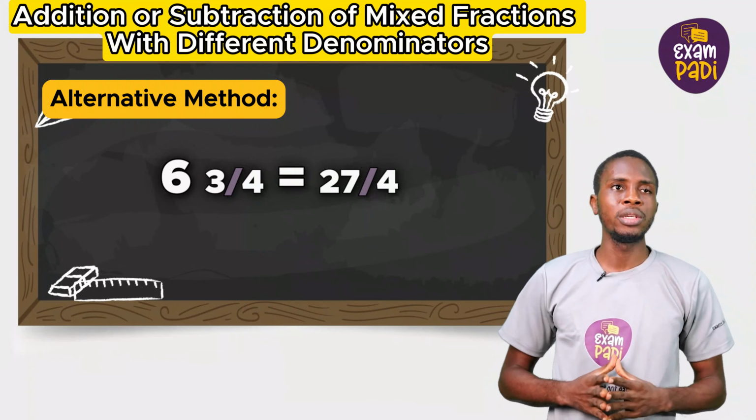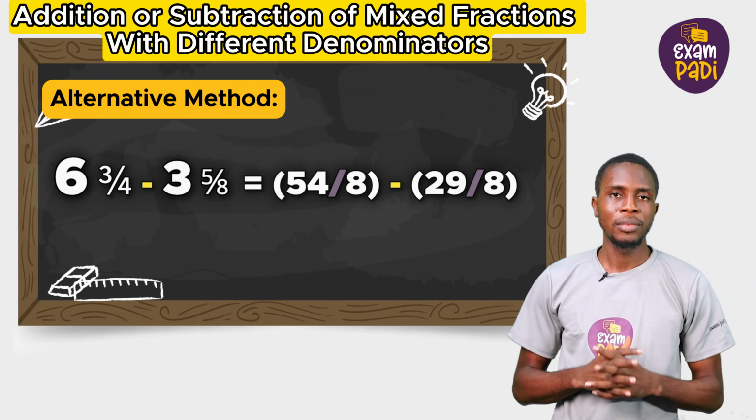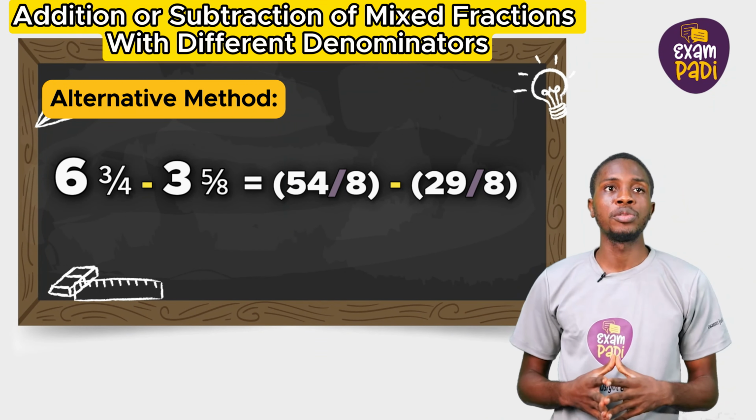Suppose 6 whole number 3 over 4 minus 3 whole number 5 over 8. This equals 54 over 8 minus 29 over 8. Since they have the same denominator, 54 minus 29 over 8 equals 25 over 8. Converting this to a mixed fraction, we have 3 whole number 1 over 8.